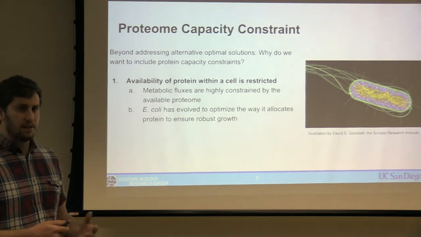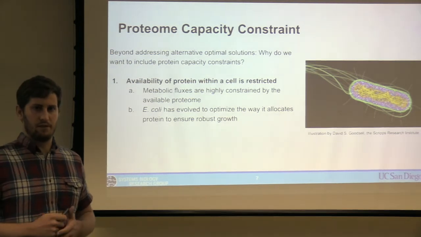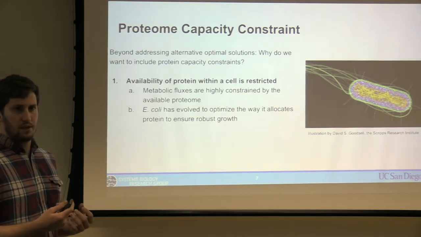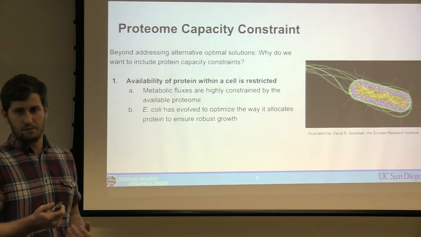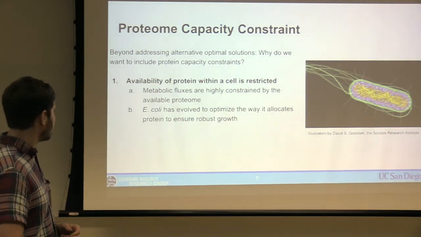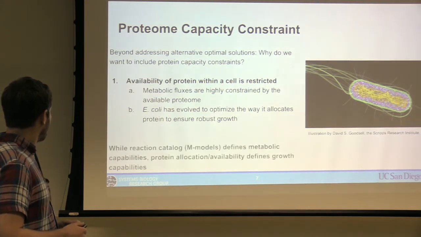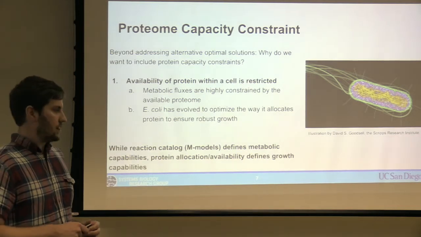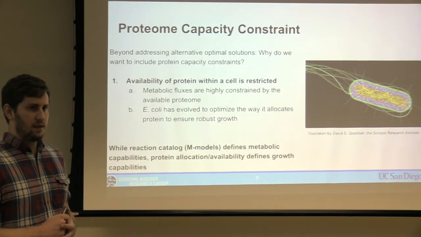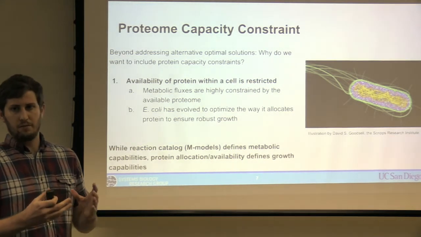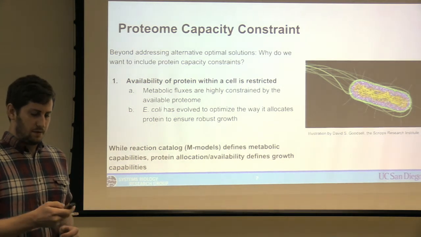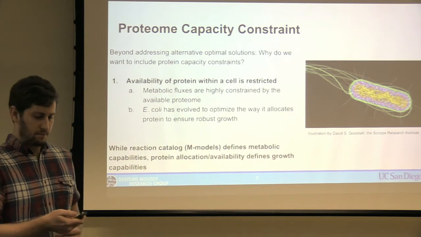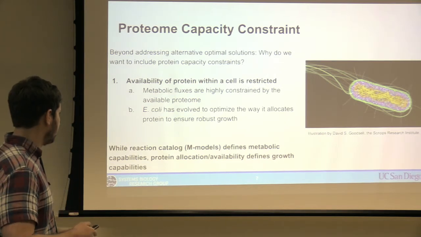A consequence of that is E. coli over time has had to evolve to optimize its use and allocation of protein as much as possible in order to grow most robustly under a wide range of conditions. So you can say that while the reaction catalog of an M model defines the metabolic capabilities of the organism, the actual proteome allocation and the way it uses its proteins really defines its growth capabilities, or how effective it is at growing.